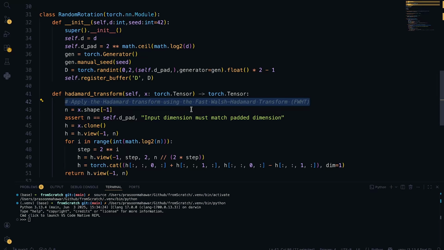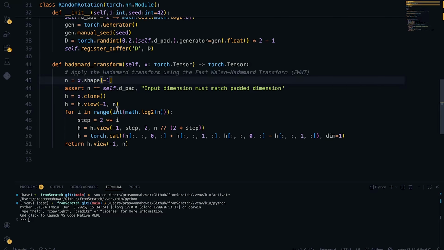Let's see if AI has generated the code correctly. n equals x.shape minus 1, correct. We can assert self.d_pad, that the input dimension must match the padded dimension.